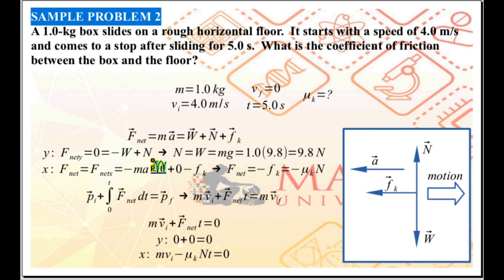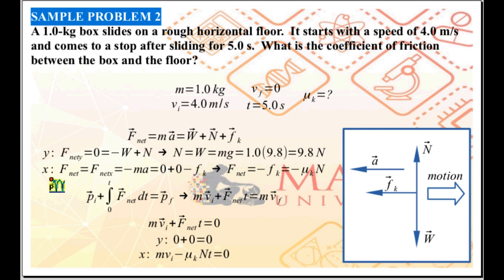Y component gives us the normal force magnitude is just equal to the weight magnitude. Weight magnitude is given by mg, where g is 9.8 meters per second squared. Knowing the mass of the box, we are able to determine the normal force magnitude to be 9.8 newtons.